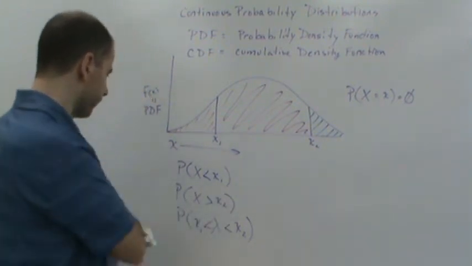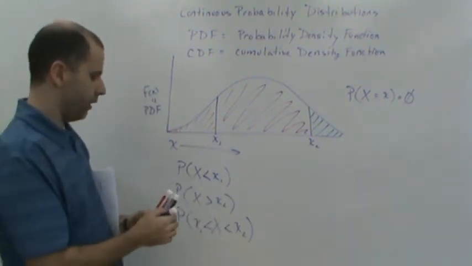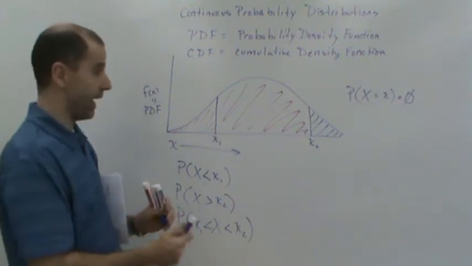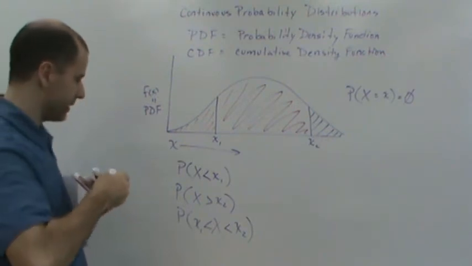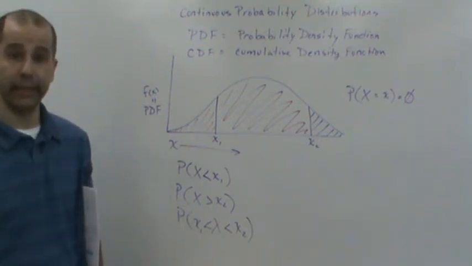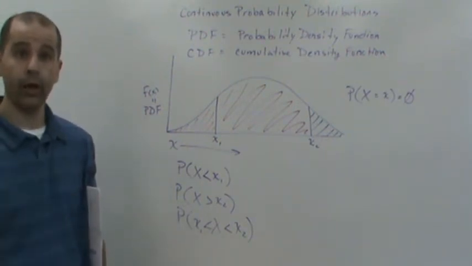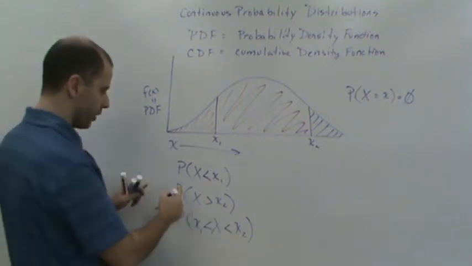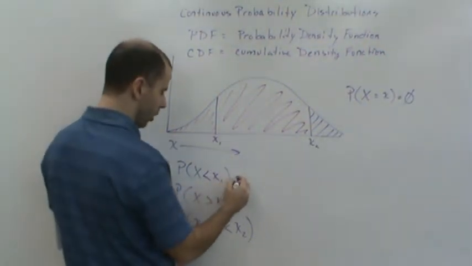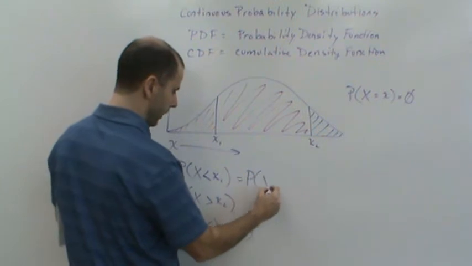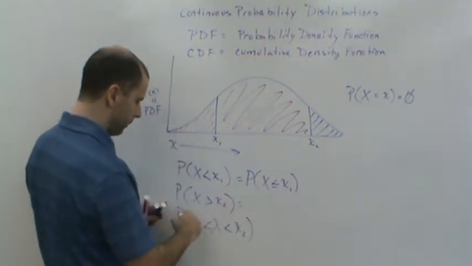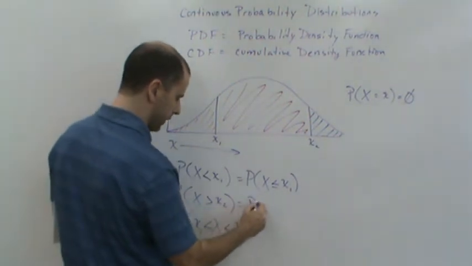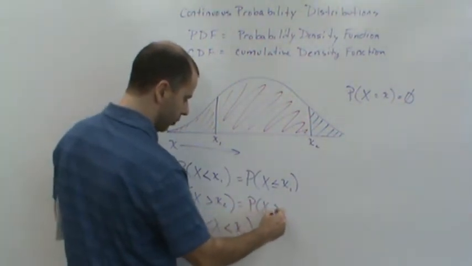Okay? So, now the other consequence of being continuous and directly from this result is that it doesn't matter whether we include an equal sign or not for any inequality. So in other words, this probability will always be the same as this probability. This probability, greater than, will always be equal to the probability of being greater than or equal to.